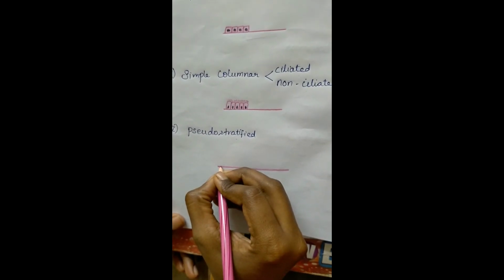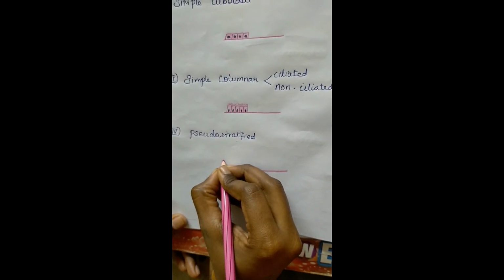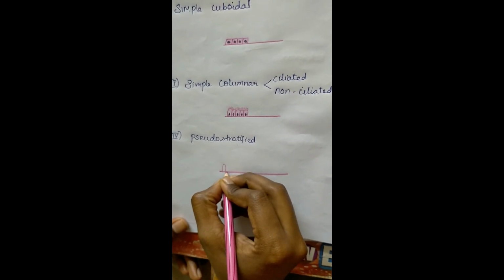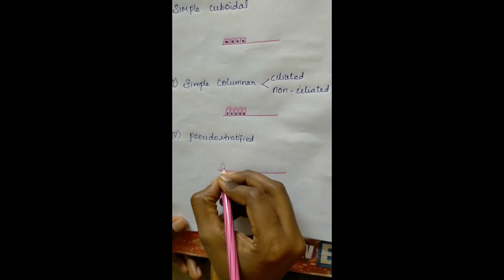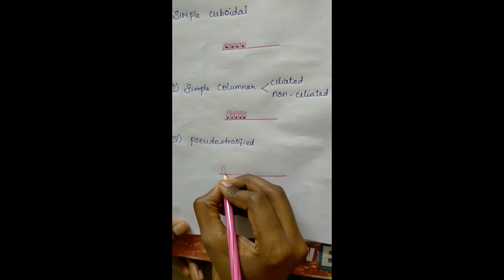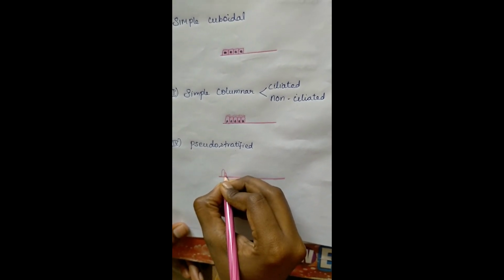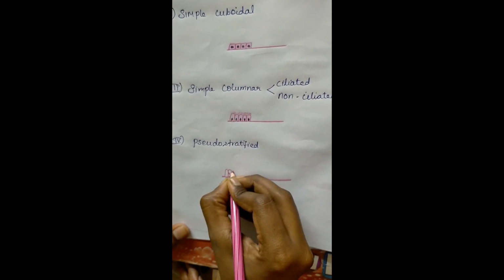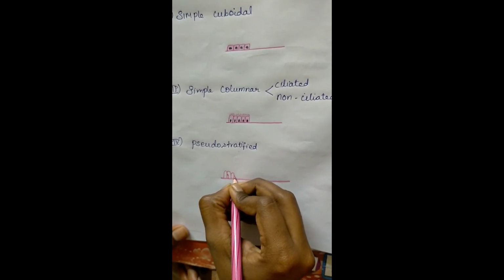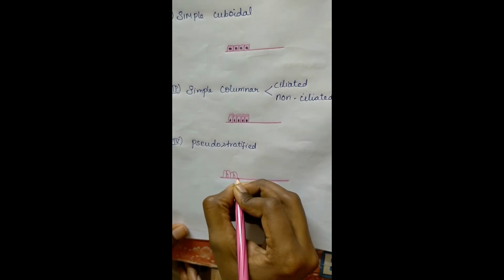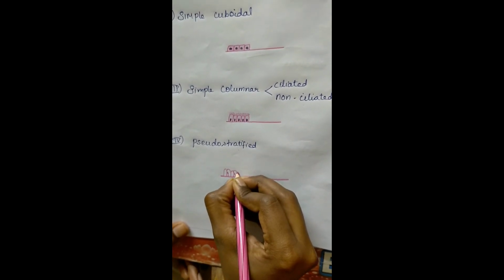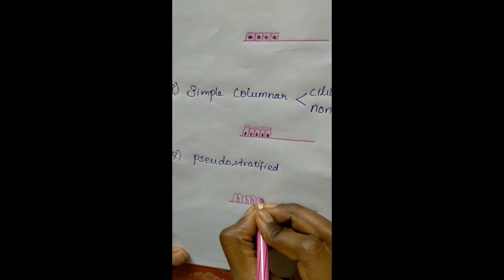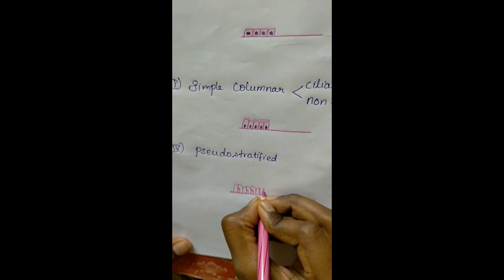Pseudostratified columnar epithelium, you know, there will be columnar cells, but not all the cells are arising from the basement membrane, but not all the cells will be reaching the apical surface. So you will be having some cells between, and in between you can draw goblet cells, flask shaped cells.